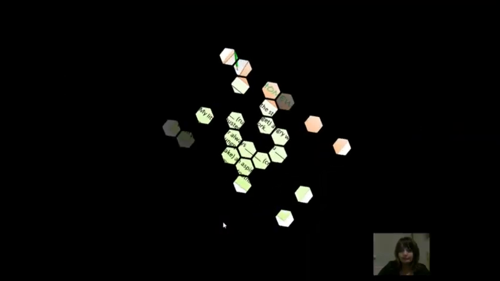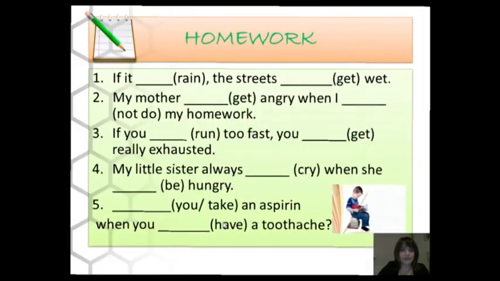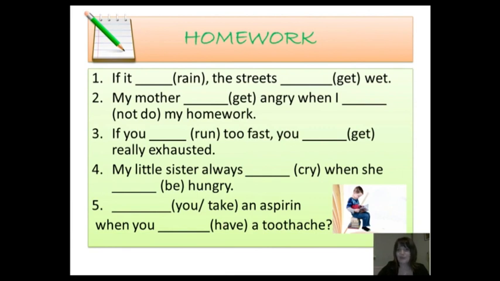So, since you are very good, you have homework to do, your favorite activity, right? Well, this is not a difficult homework for you. You have 5 sentences here, and you can see each sentence has got verbs in brackets and some gaps.